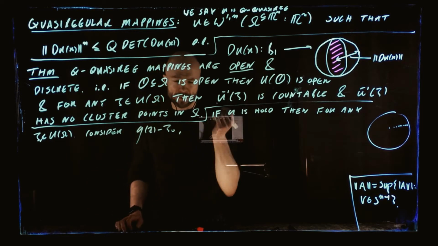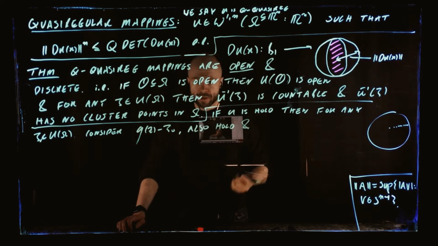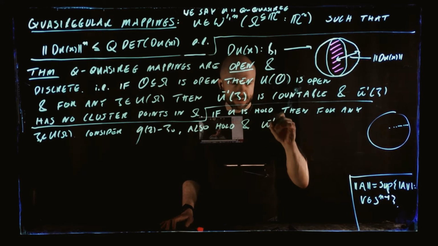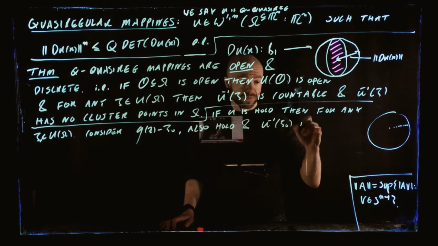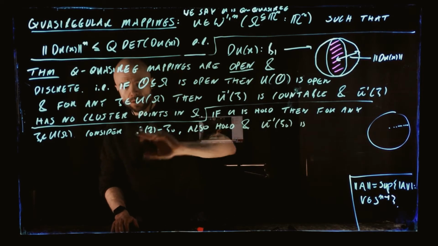This is also holomorphic. And u to the minus 1 of zeta is the set of zeros of total nonsense.